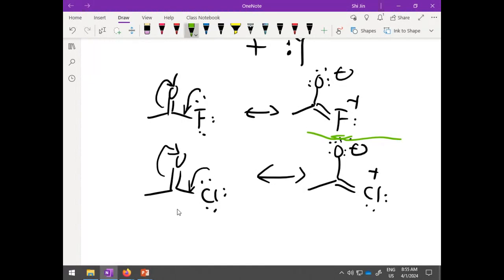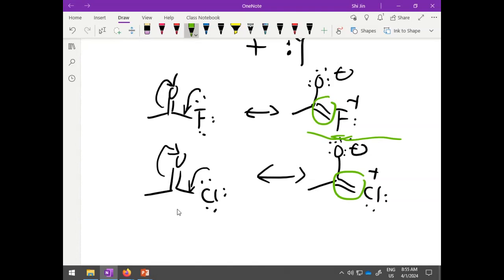This carbonyl group is better stabilized than in the chloride because this carbon-fluorine double bond is substantially stronger than the carbon-chlorine double bond, although fluorine is more electronegative than chlorine. So the electronegativity effect is overpowered by the size effect. We actually have seen this in chapter 13, if anyone recalls.